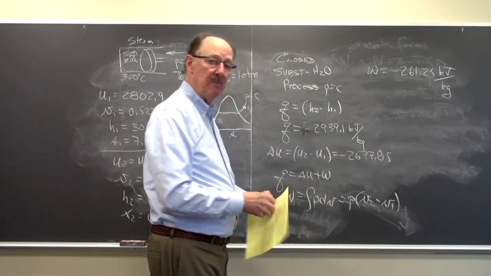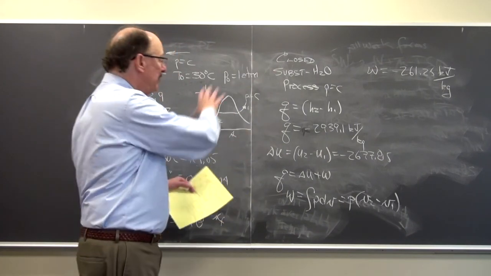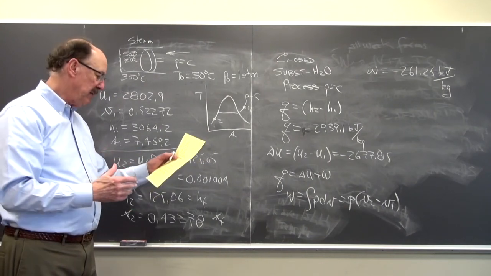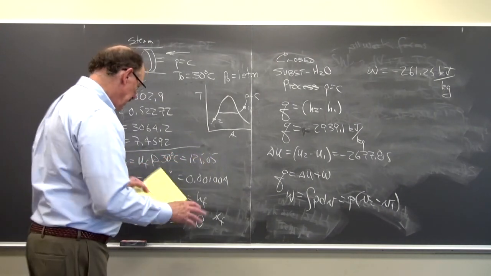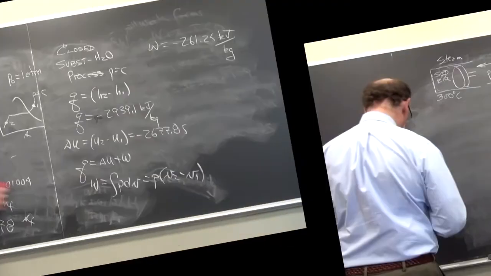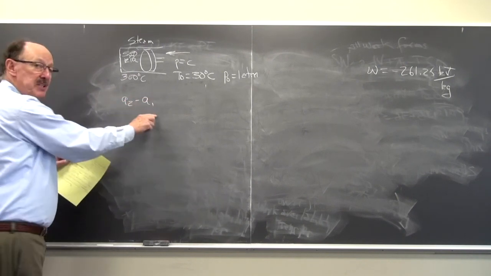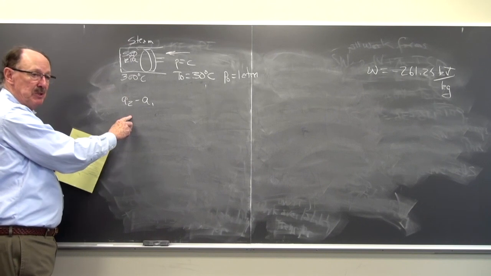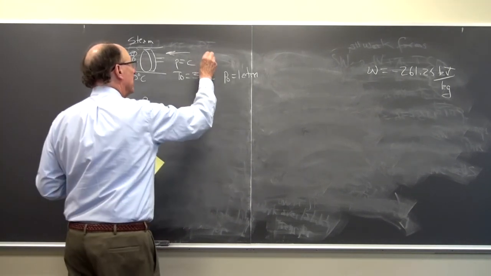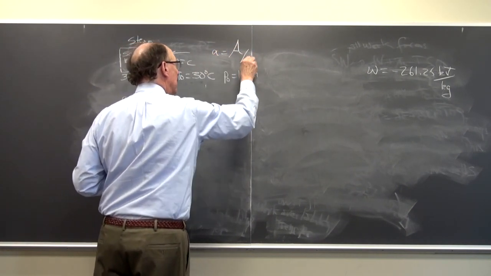And so now what I want to be able to do is to find the change of availability. We wanted to find all these terms just to see how to do it, and then I can find the change of availability per unit mass. I'm going to erase this, and we'll determine that. So A2 minus A1, and I'm using a lowercase a because we're doing it per unit mass, so a is equal to the large A divided by m.